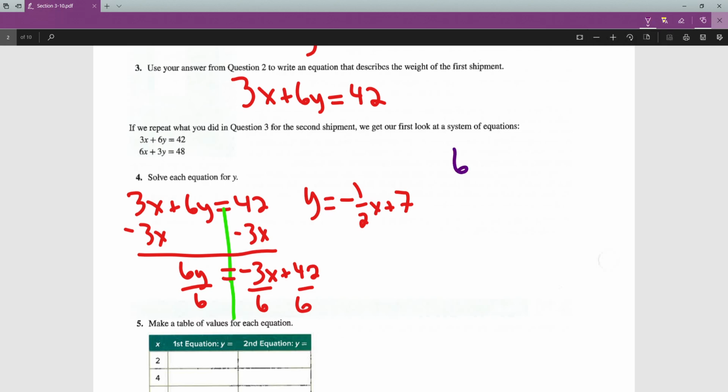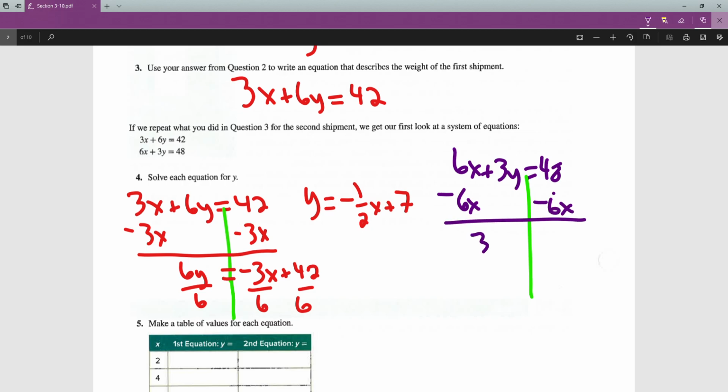Let's go ahead and do the same thing for our purple equation. I have more room to write this. We have 6x plus 3y equals 48. How do I solve this for y? My first step is to subtract 6x from both sides. So I have 3y equals, again, the standard notation is to put the negative 6x first.